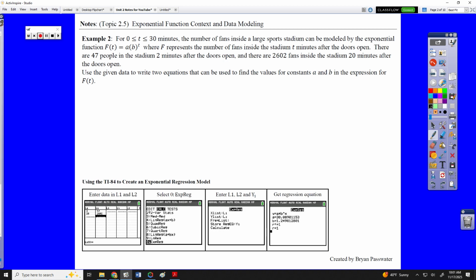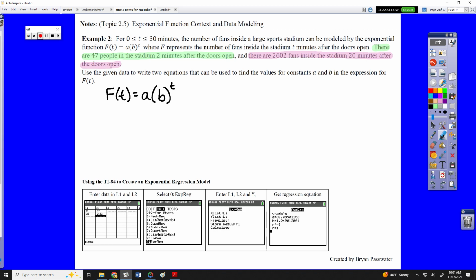Okay, so we're told exactly what model to use. We're told that f of t is a times b to the t. And then we are told two sets of information. There are 47 people in the stadium 2 minutes after the doors open, and there are 2,602 fans 20 minutes after the doors open.